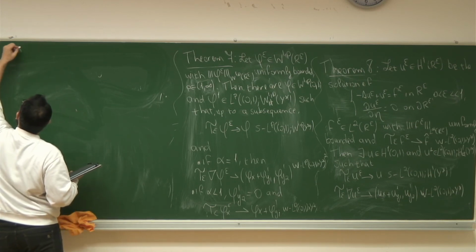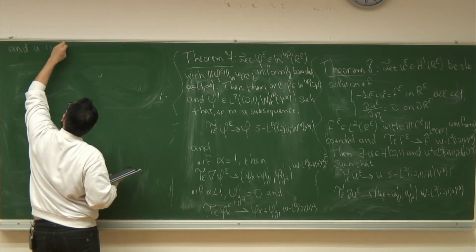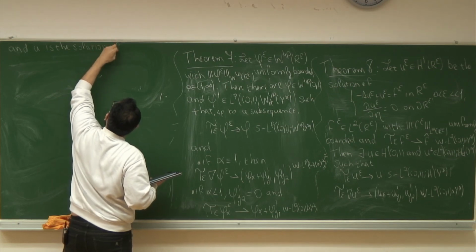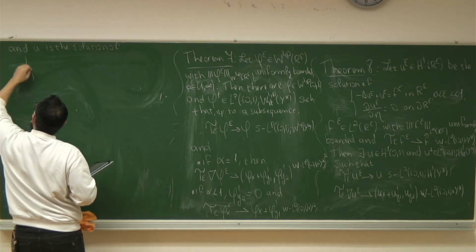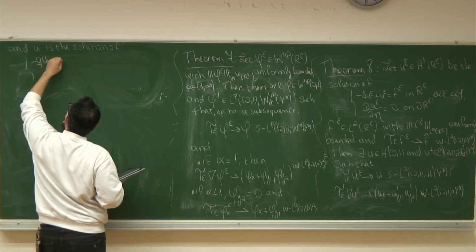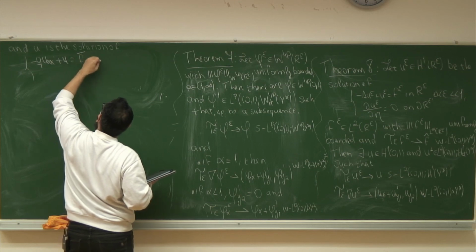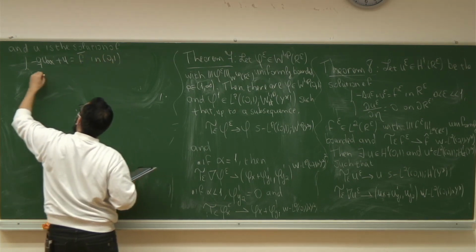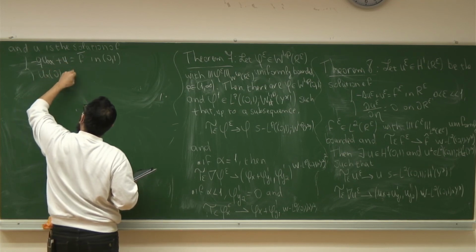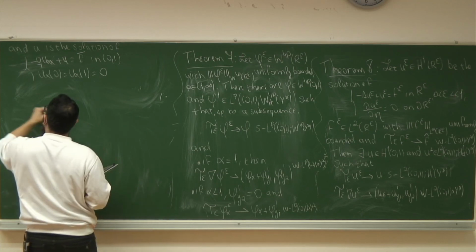And U is the solution of minus Q UXX plus U equals F bar in 0, 1, with UX of 0 and UX of 1 equal to 0.